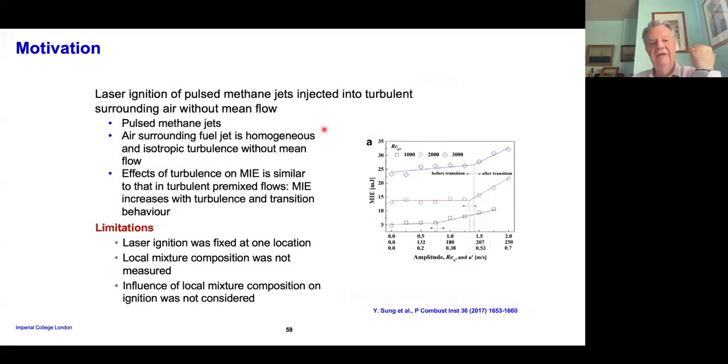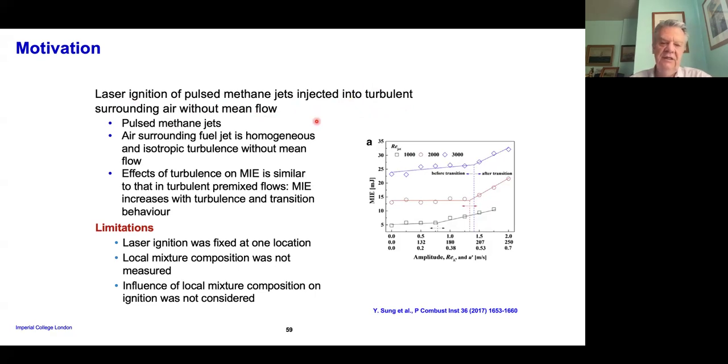We wanted to see how much energy you need to put in to do laser ignition of methane jets, but with a very highly turbulent environment all around these jets, which is not typically what you see in experiments, where jets are typically done in a quiescent environment.